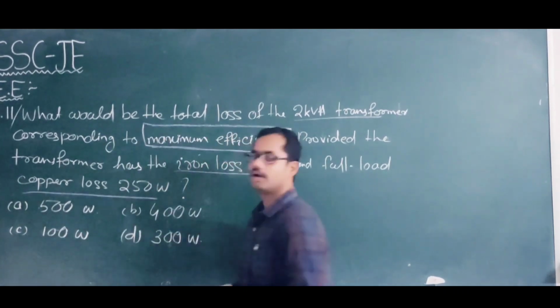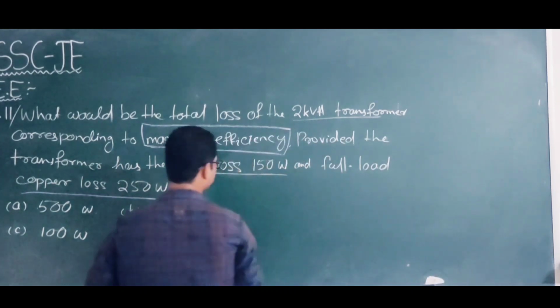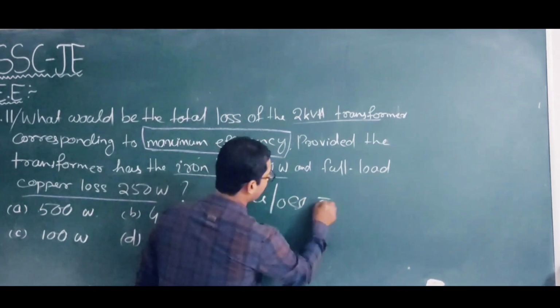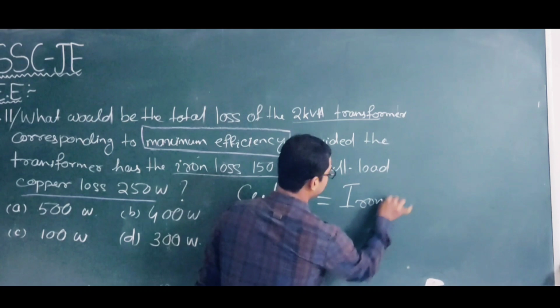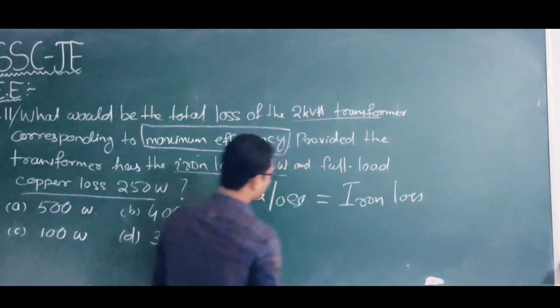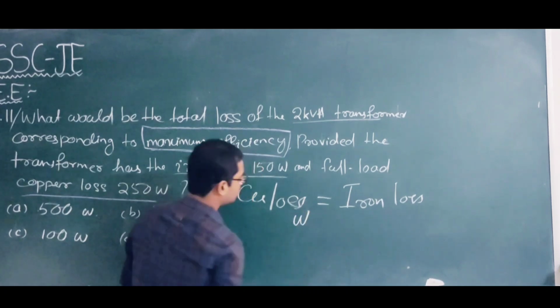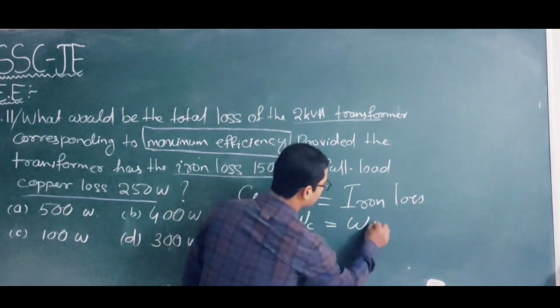Okay, and we know that in the maximum efficiency condition, the copper loss would be equal to the iron loss. So we can write WC is equal to WI.